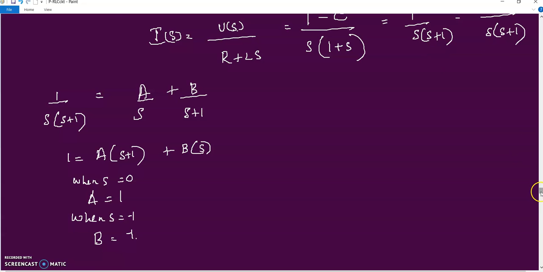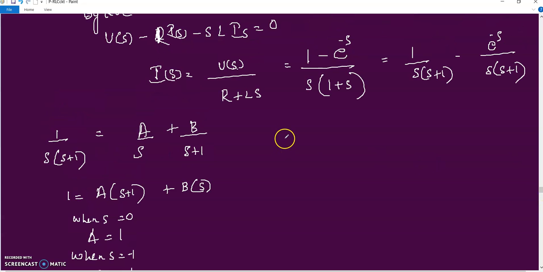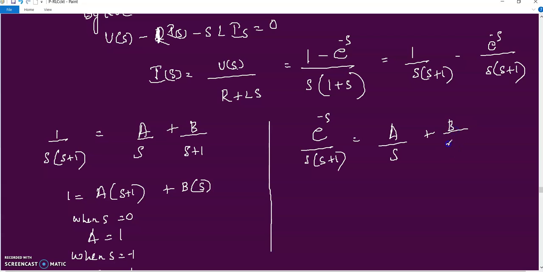Similarly, we will see for e raised to minus s by s into s plus 1 is equal to A by s plus B by s plus 1. So e raised to minus s is equal to A into s plus 1 plus B into s.